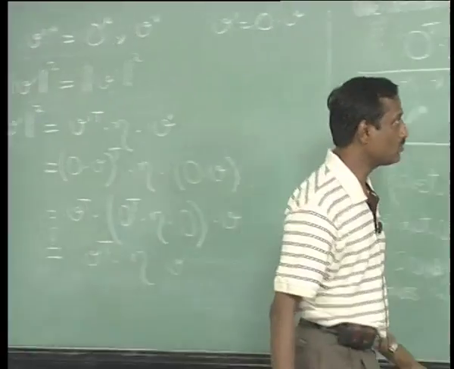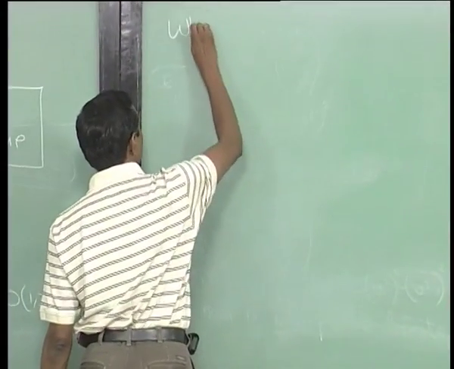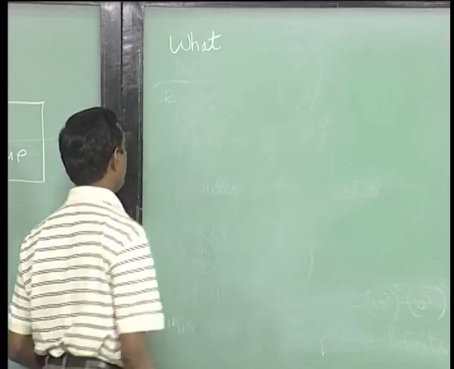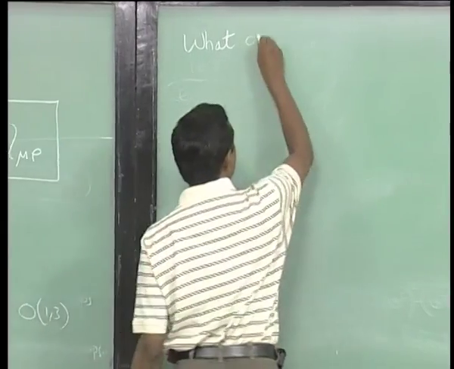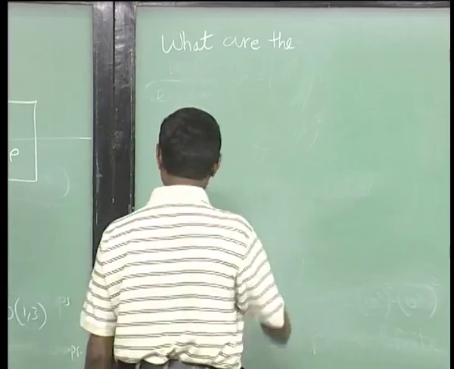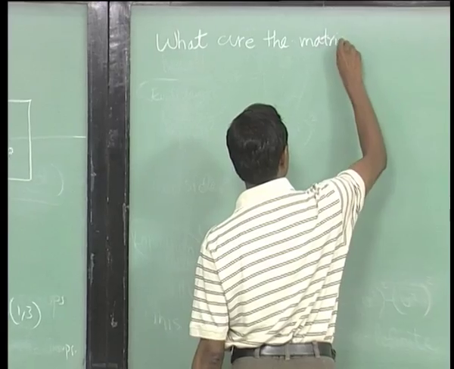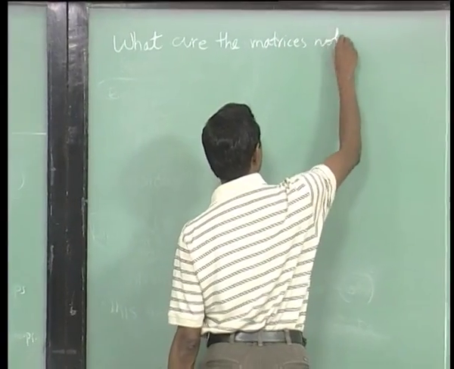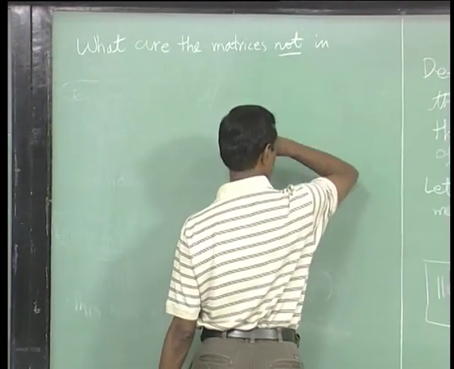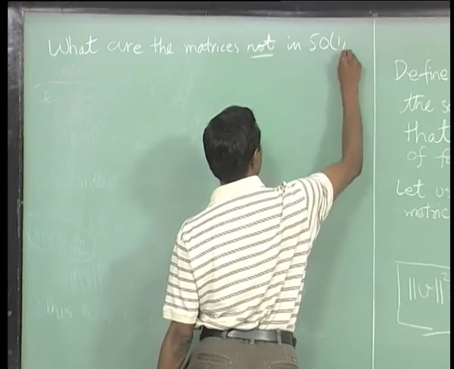Okay. So, now the interesting thing is what are the matrices not in SO(1,3).